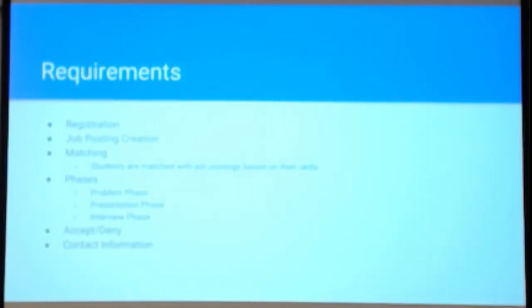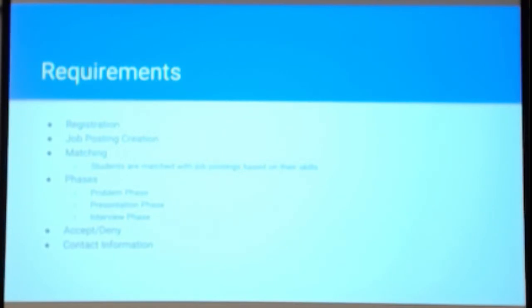So going through the project, there were some requirements that we had to meet, and first of which was user registration. So we needed to have 2 users have the ability to register within the app. We have the recruiter and the student, which we'll go over in the demo. Then job posting creation.